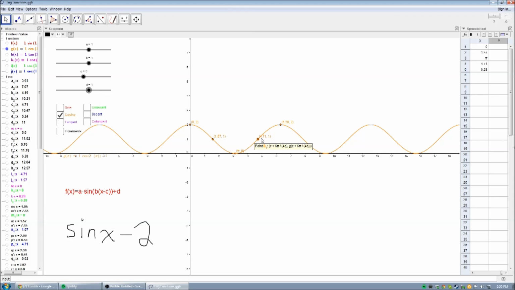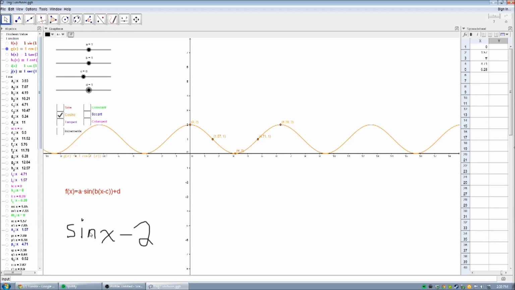From y equals 1, we would have the regular function. Or if you're going from 0, everything gets shifted up 1. So since the first point of the cosine is 1, you add 1. Since the second point is 0, you add 1. Since the third point is negative 1, you add 1. Since the fourth point is 0, add 1. Fifth point is 1, add 1.